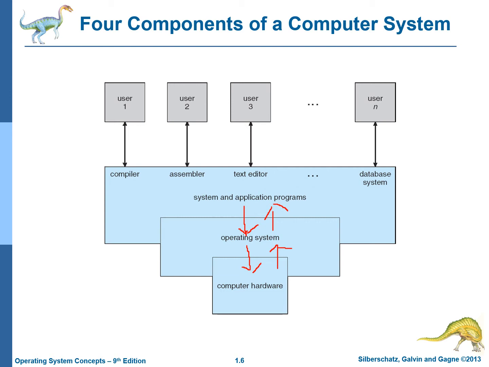The user program may be a compiler, assembler, or some text editor, word processor, or spreadsheets, anything. All these are examples of user programs.